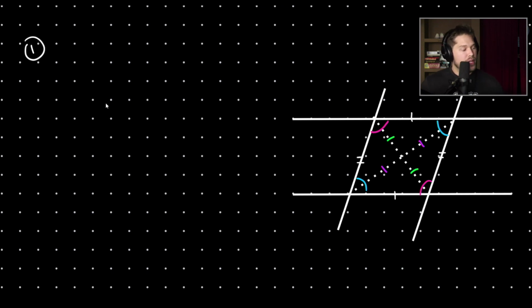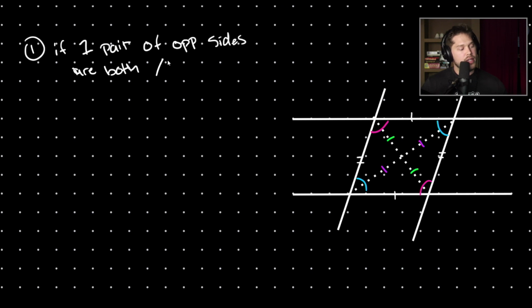So firstly, if one pair of opposite sides are both parallel and congruent, then we can say that the shape is a parallelogram.